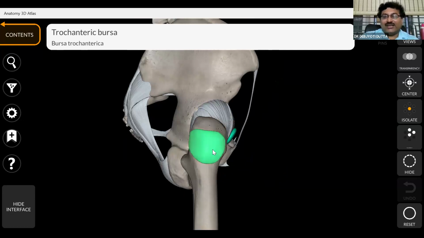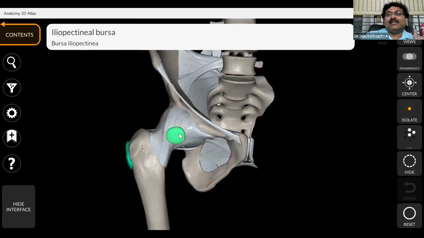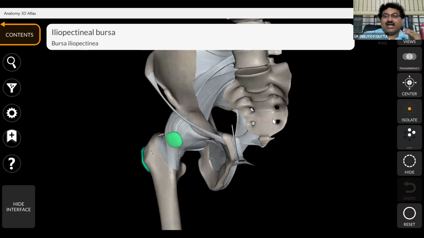This is known as the trochanteric bursa. Not all bursas are shown in this 3D anatomy. This is the trochanteric bursa, and here we have the iliopectineal. Just remember these two bursas. Other bursas will come up when we discuss the other parts of the anatomy.